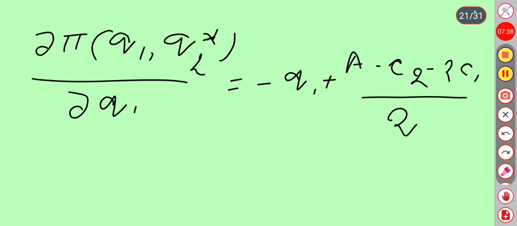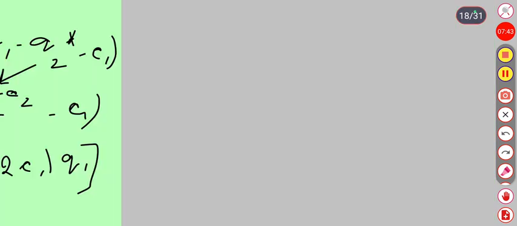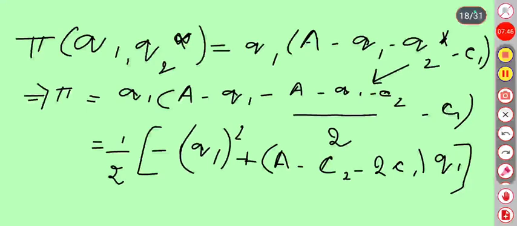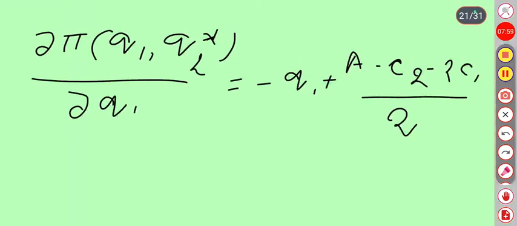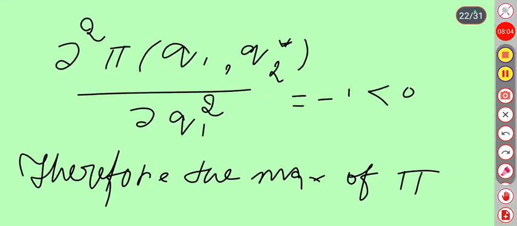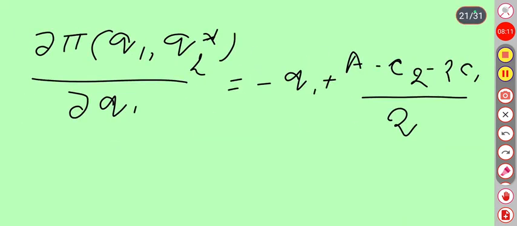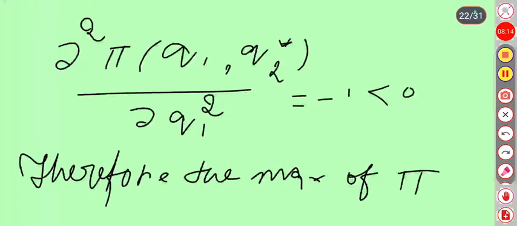After taking the derivative with respect to Q1, we get 2Q1, so the 2 cancels out, which is why there is minus Q1 here. The second order derivative with respect to Q1 is minus 1, which is also less than 0.